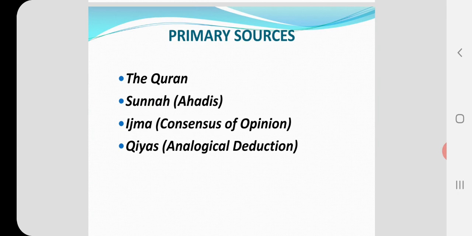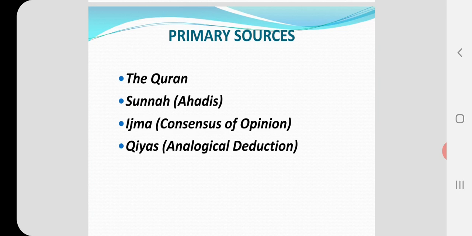The second one is Sunnah. It is also known as Ahadis. The word Ahadis is a plural term for what is known as Hadith. In English, we call it traditions of the Prophet Muhammad, peace be upon him.